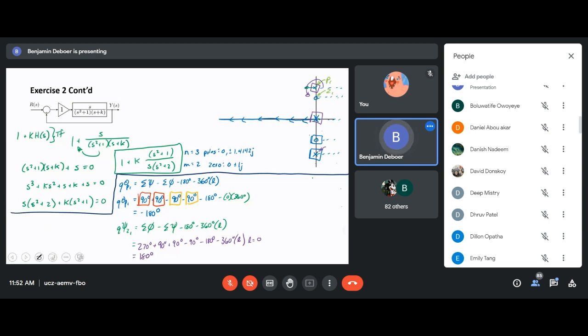So we know that the loci is going to arrive at this angle here. And as I mentioned before, everything is mirrored over the real axis. So we can actually go forward and plot the rest of our root loci here. We should actually do our asymptotes first.